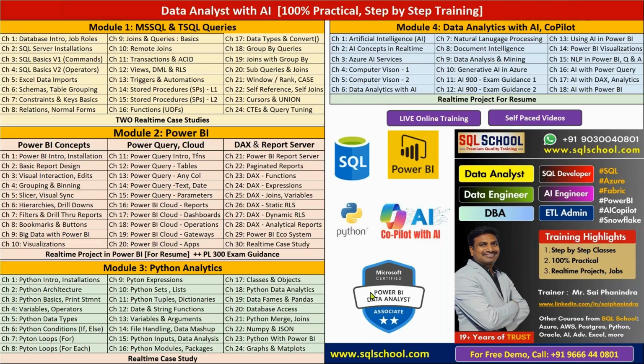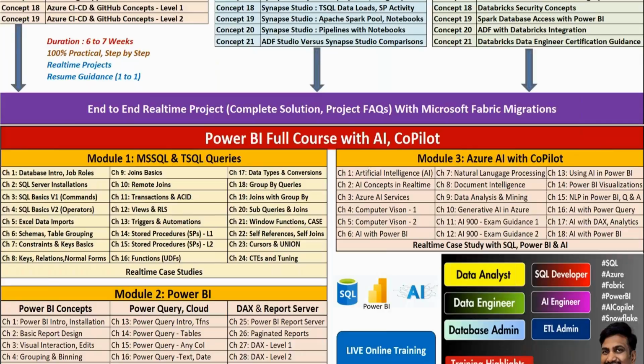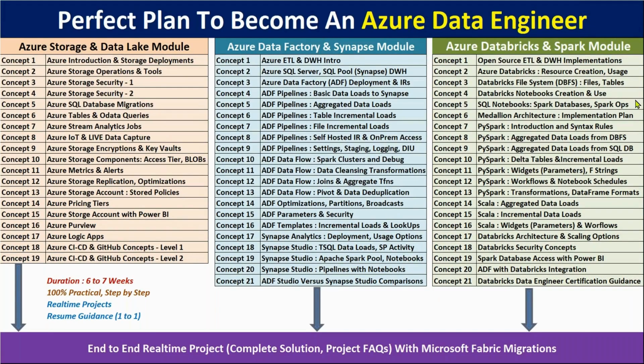And we need to get ourselves certified. That's also important. Certification guidance is part of my classes. For participants who are into data engineer, we take SQL first. SQL is common. Then core engineering, each module again about 2.5 to 3 weeks.